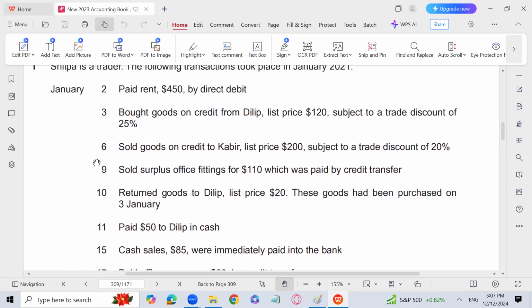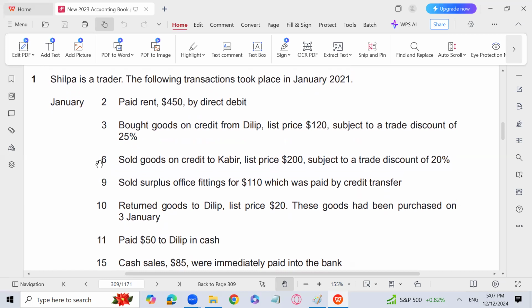Returned goods to Dilip, list price 20. These goods had been purchased on 3rd January. Out of that, we are returning goods back to Dilip because they were not according to quality and not according to specification. The entry will be Dilip debit and purchase returns credit. When we are returning the goods, purchase returns is credited and Dilip is debited, because Dilip is no more my trade payable, a decrease in liability, so debit.